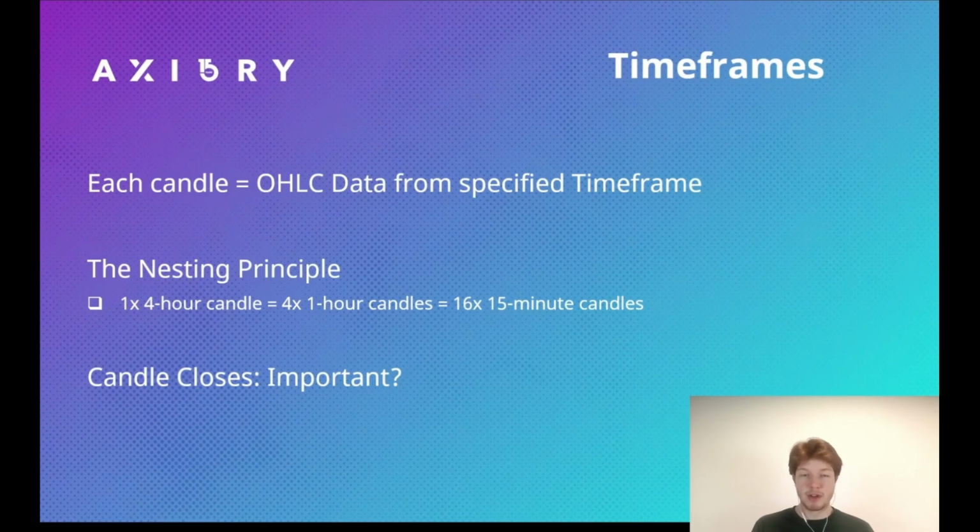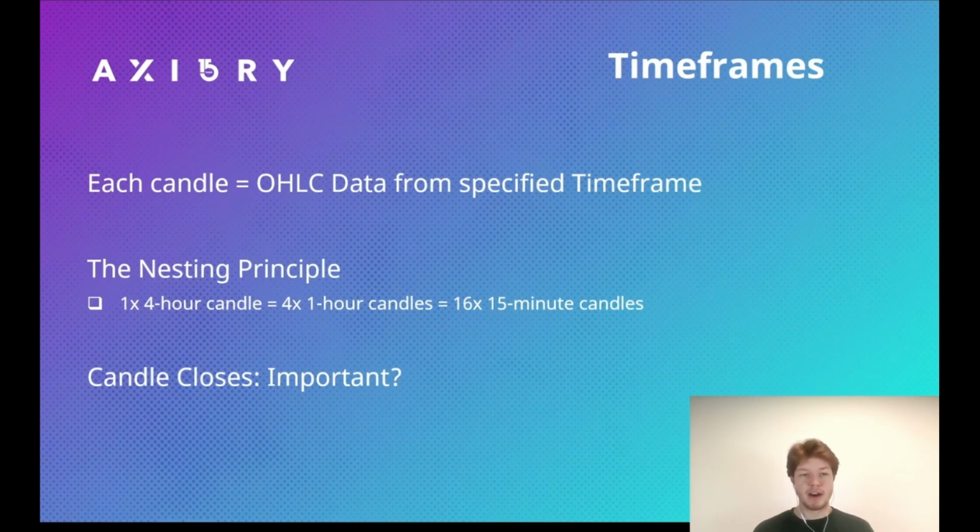Or you could drop down to the 1-hour candle and you will just see the four 1-hour candles that make up that 4-hour candle. That way you will be able to see everything that you were able to see on the 4-hour candle, but you're doing it on a lower time frame where there are 4 times as many candles. Or you could drop even further, for example, to the 15 minutes, 30 minutes, or 3 minutes. It really doesn't matter. All that's important to know is that one candle is comprised of multiple candles on a lower time frame.